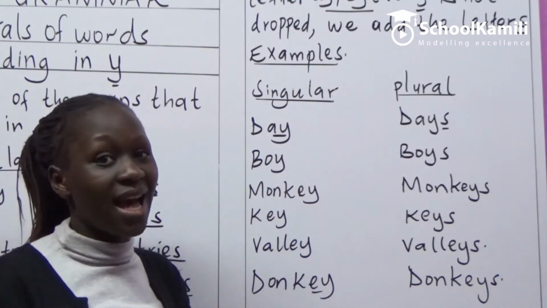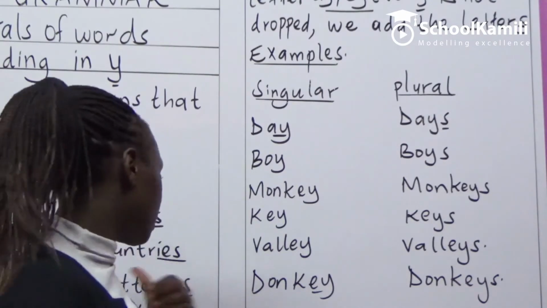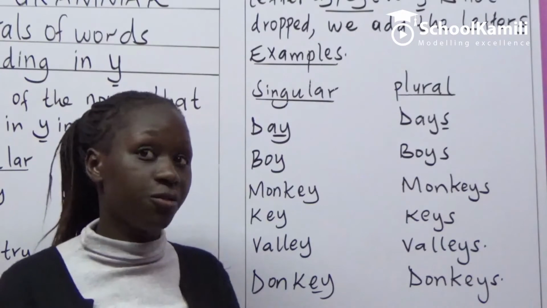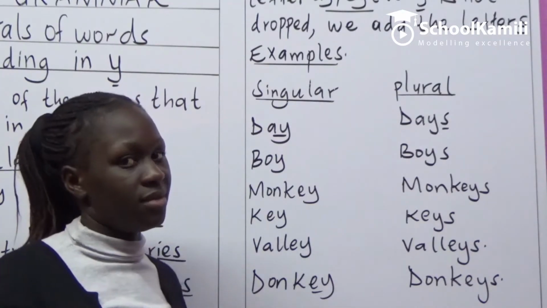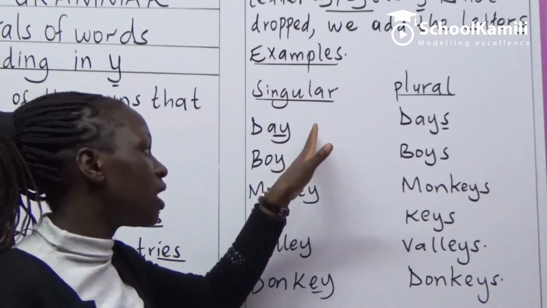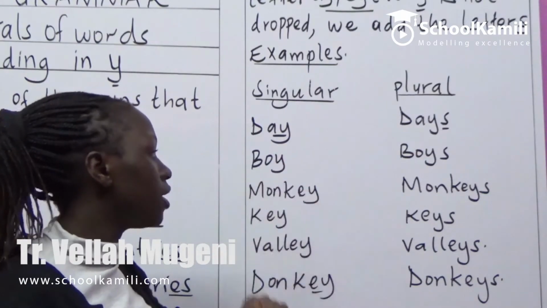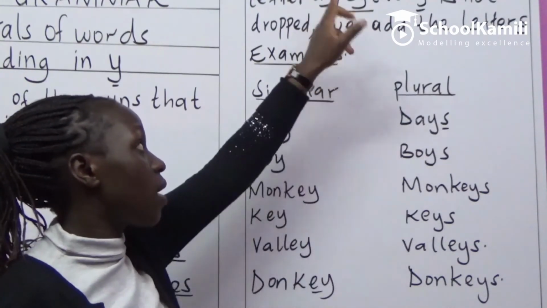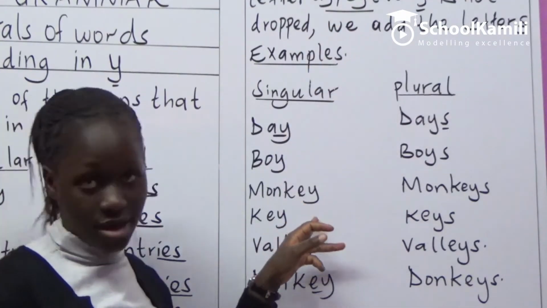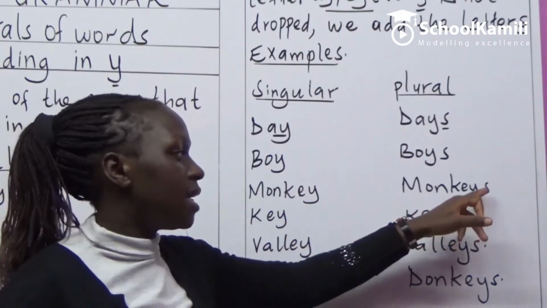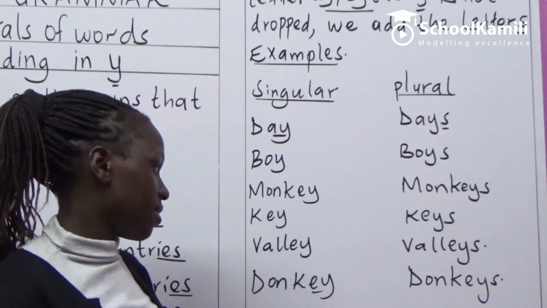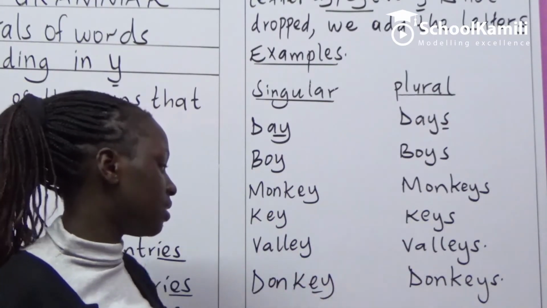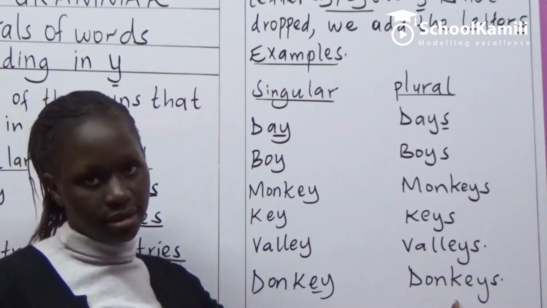You only add a letter S. Maybe this other side may look very difficult for you, but it is very easy. So here you only add letter S. We have boy, boys. We have monkey. As we said, AY or EY. We have EY here. You only add letter S. Key, keys. We have valley, valleys. We have a donkey, donkeys.